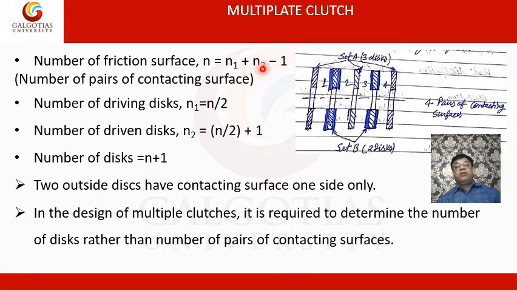Just from this you can make n plus 1. So the number of discs will be the number of contacting surfaces plus 1. The main thing is to determine the number of discs required for transmitting the desired torque from disc A to disc B.